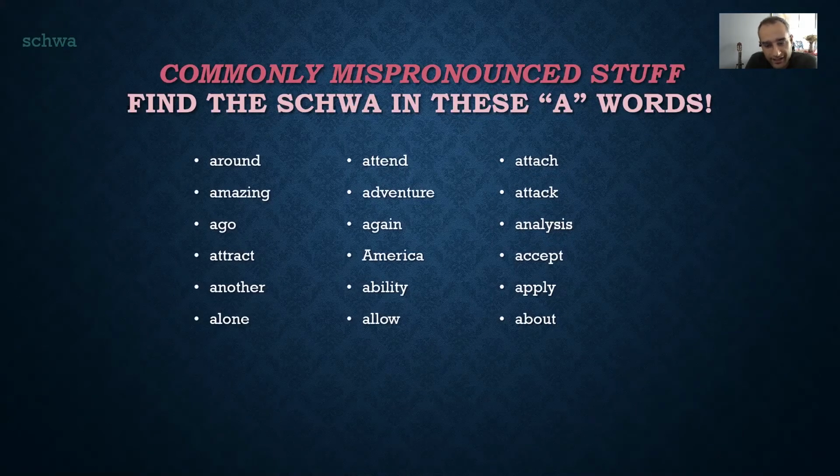What these words have in common is that very first syllable. All of those first syllables will be just schwa, all right? Around. When you unstress that first syllable, the rest of the word, the stressed part, just becomes alive.